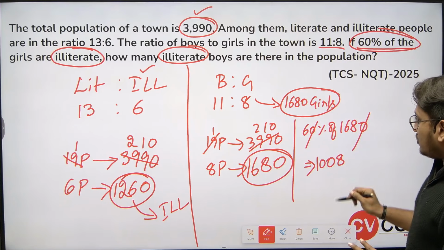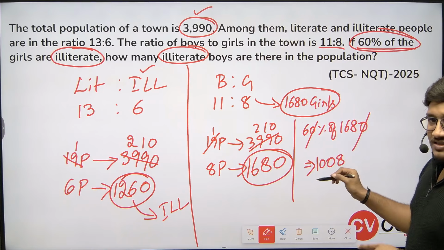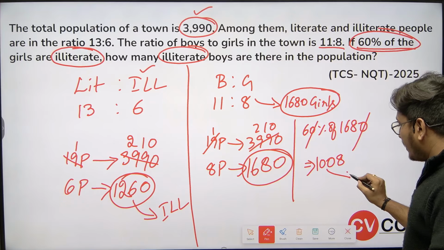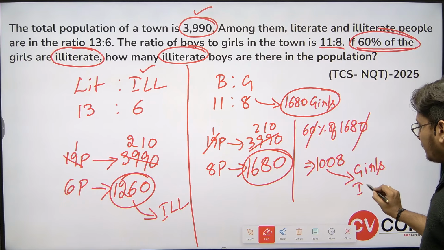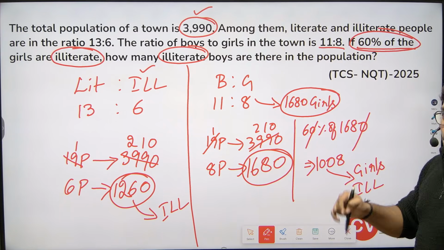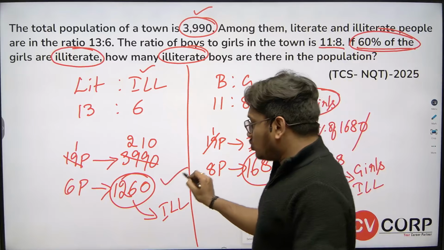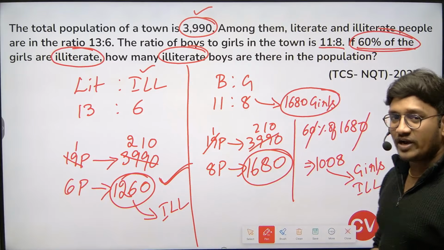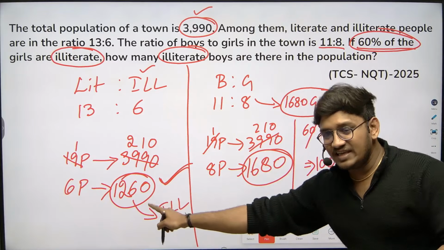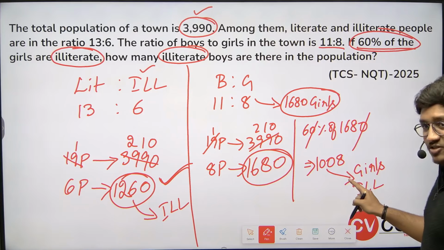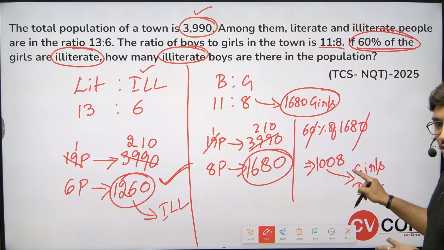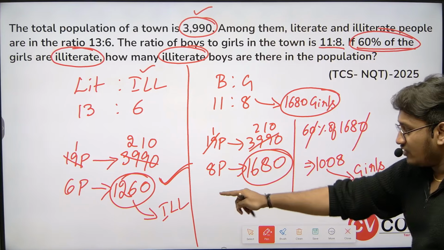Now if you observe, 60% of the girls are illiterate people, which means now I can say that these 1008 girls are illiterate. Okay, out of total, how many illiterate people do we have? 1260 illiterate people we have, right? So out of 1260 illiterate people, we got to know that 1008, only girls, are illiterate out of 1260.